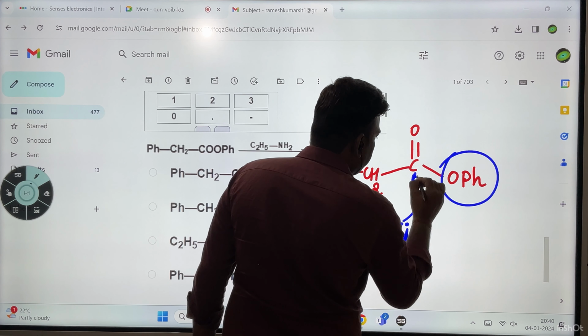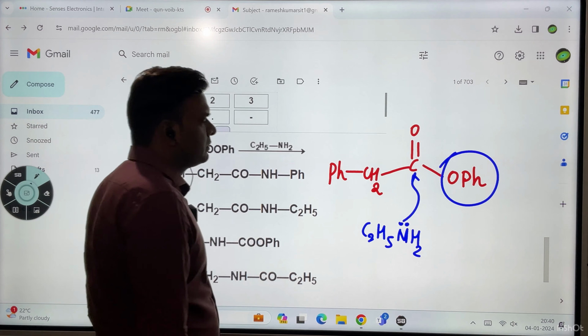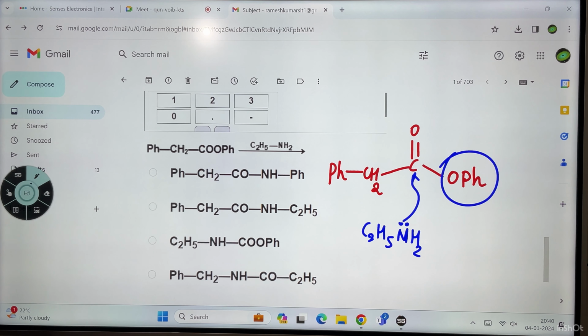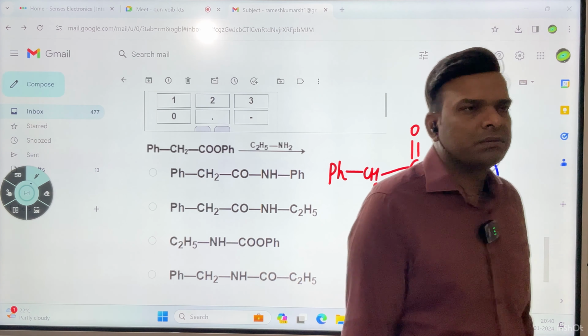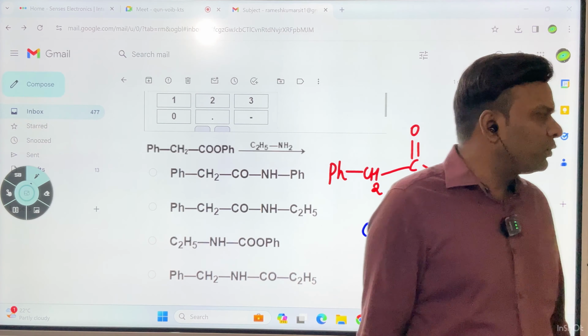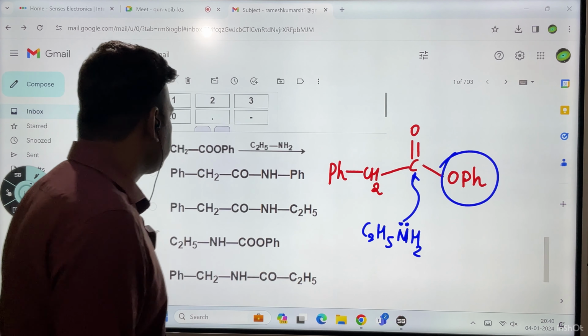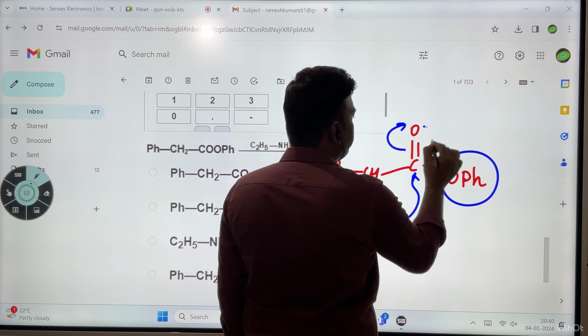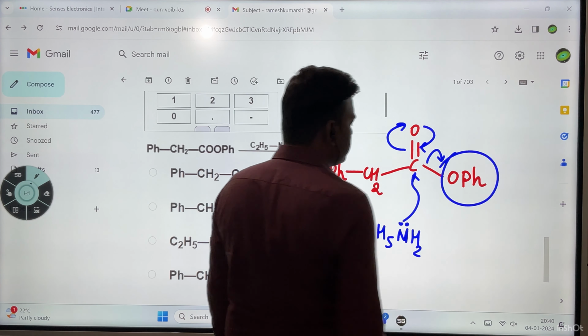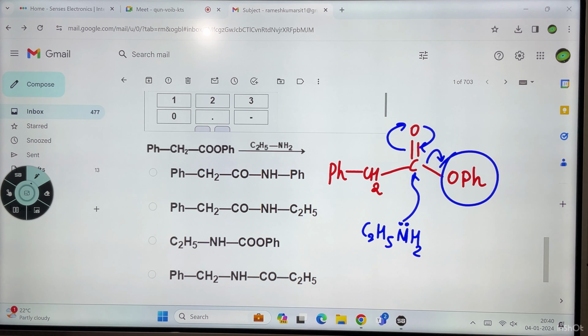Nitrogen has a lone pair, it will attack on carbonyl carbon atom, and the C double bond O pi bond will get opened. So after attacking of the lone pair of nitrogen, the C-O bond will get opened, then come back, and then PhO minus will leave out, because PhO minus is a good leaving group.